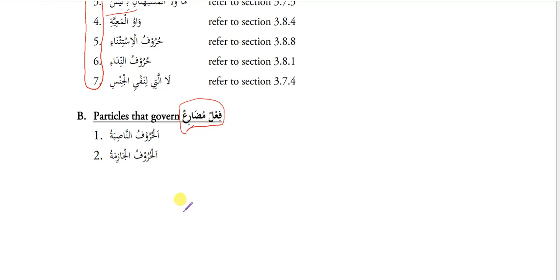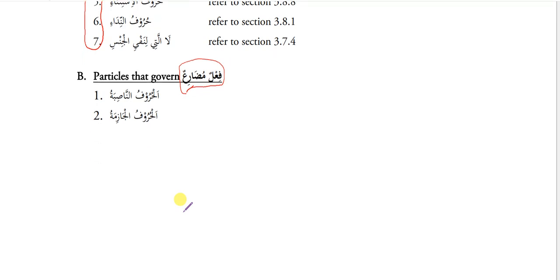So don't worry, I am going to read first in this book and then I will explain. First I will help you understand the fail muzare, and then after understanding it we will use all these huruf which come on the fail muzare, and we will see their effect on fail muzare as well as its translation.